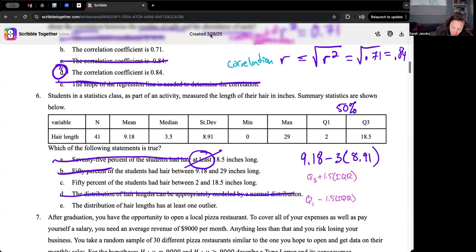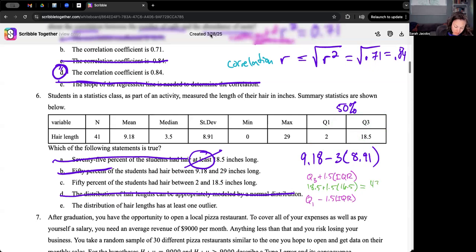So Q3 is 18.5 plus 1.5 times 16.5, which is our IQR, right? Q3 minus Q1. And what is that? 18.5 plus 1.5 times 16.5.